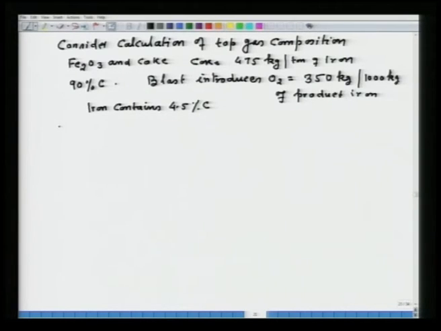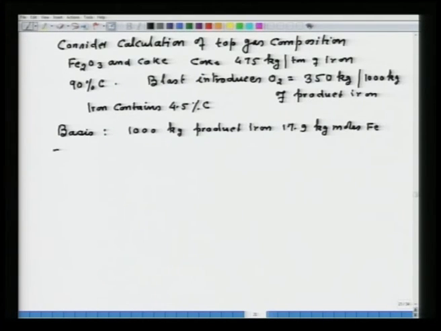Now, the basis: I am taking 1000 kg product iron. That makes 17.9 kg moles of iron.